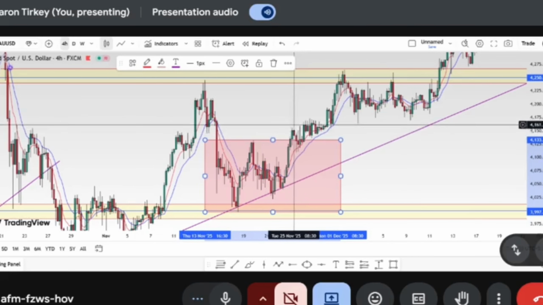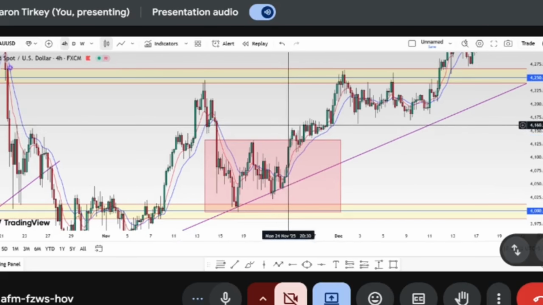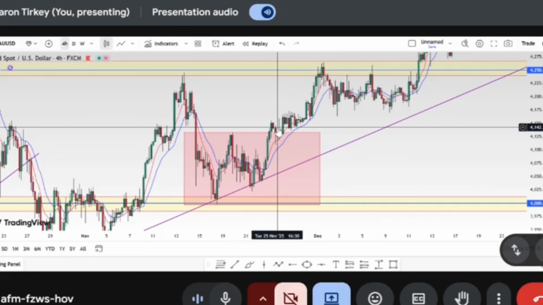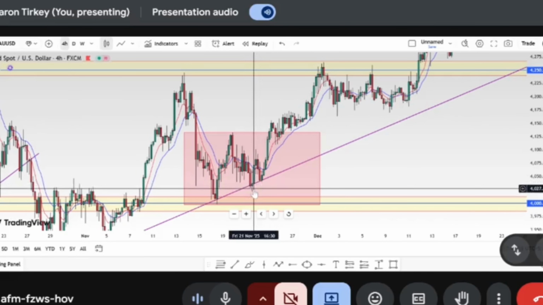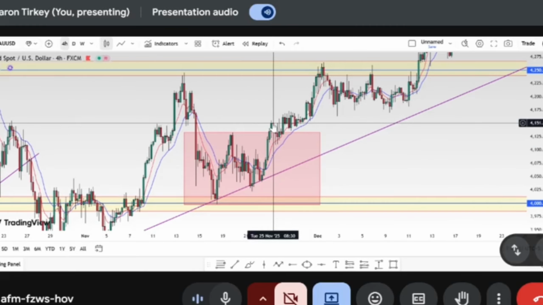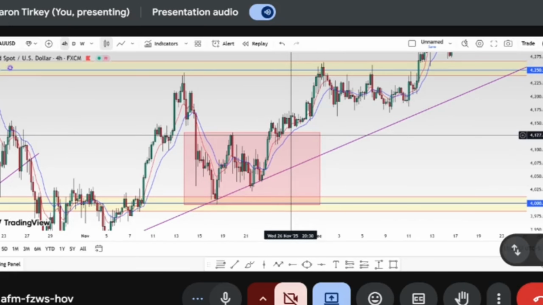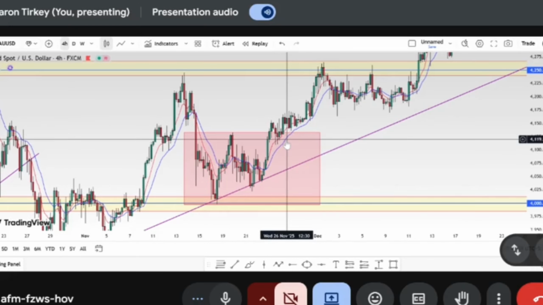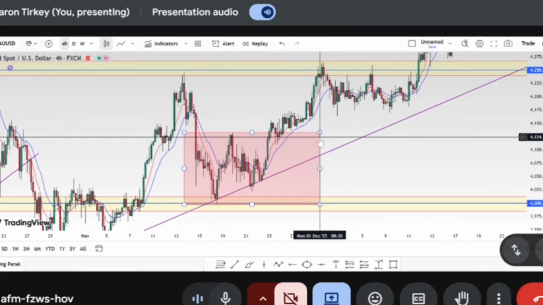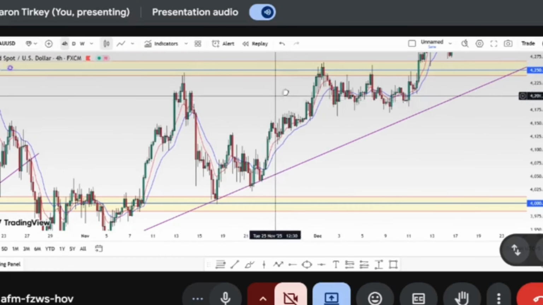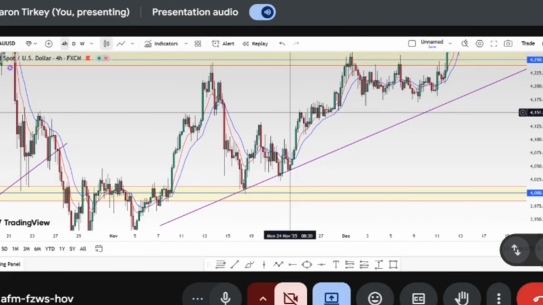Now you should analyze this and draw the ABCD pattern again. So this one now becomes A, and this one, C, becomes B. And here you need to wait for ATM crossing downside again. It means again wait for C levels. Like this you should find how the price moves sideways after your stop loss is hit.